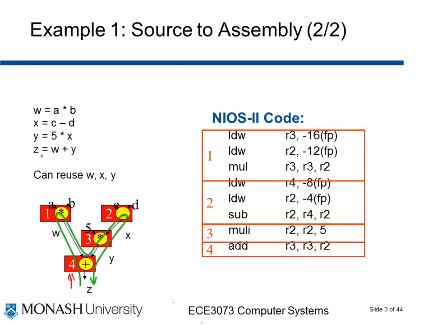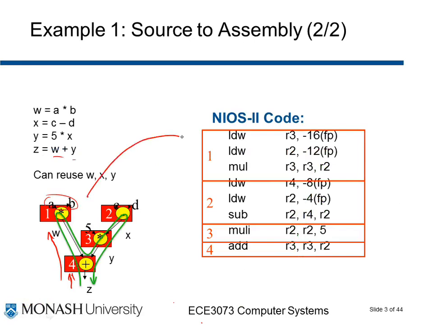So I've got Z. Z relies on W and Y. Okay, so I'm going to go back up this tree and say, does this depend only on inputs? If it only depends on inputs, then I can start writing my assembly code, otherwise I've got to delve a bit further back. So W depends only on A and B, which are going to be stored in memory or inputs.